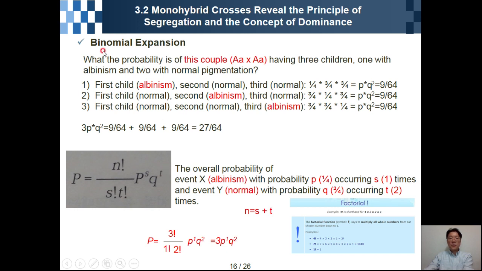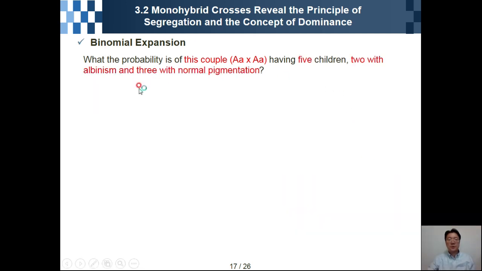This is also another example of the binomial expansion, so in this slide we can solve one problem. What is the probability of this couple having 5 children, n is 5, with 2 with albinism and 3 with normal pigmentation?